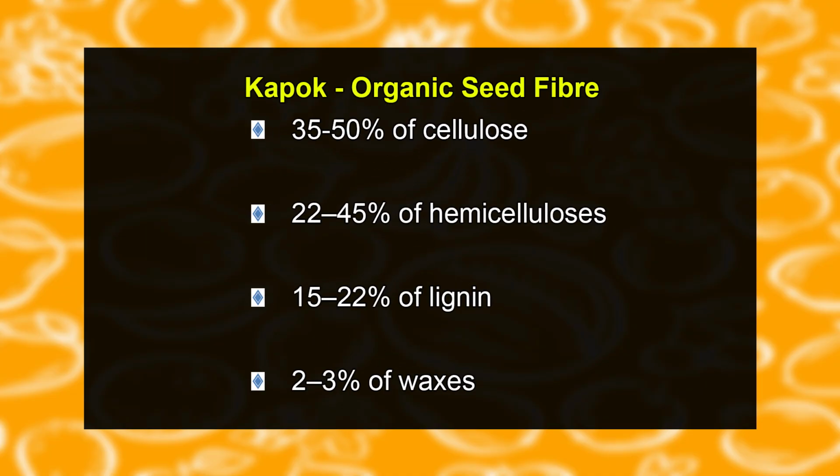Kapok is a highly lignified organic seed fiber containing 35 to 50% of cellulose, 22 to 45% of hemicelluloses, 15 to 22% of lignin, and 2 to 3% of waxes. Kapok contains smaller quantities of starch, about 2.1% of proteins, and inorganic substances, notably iron.